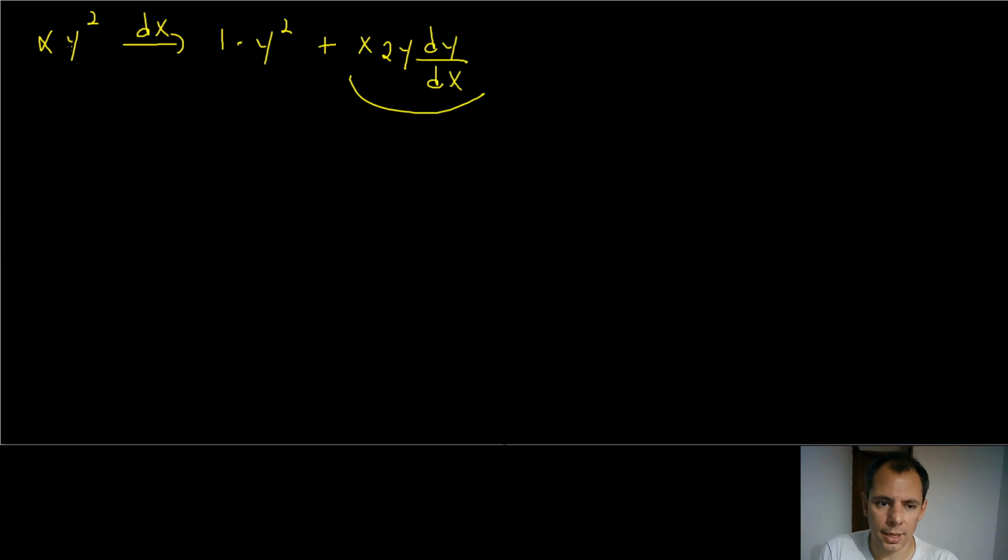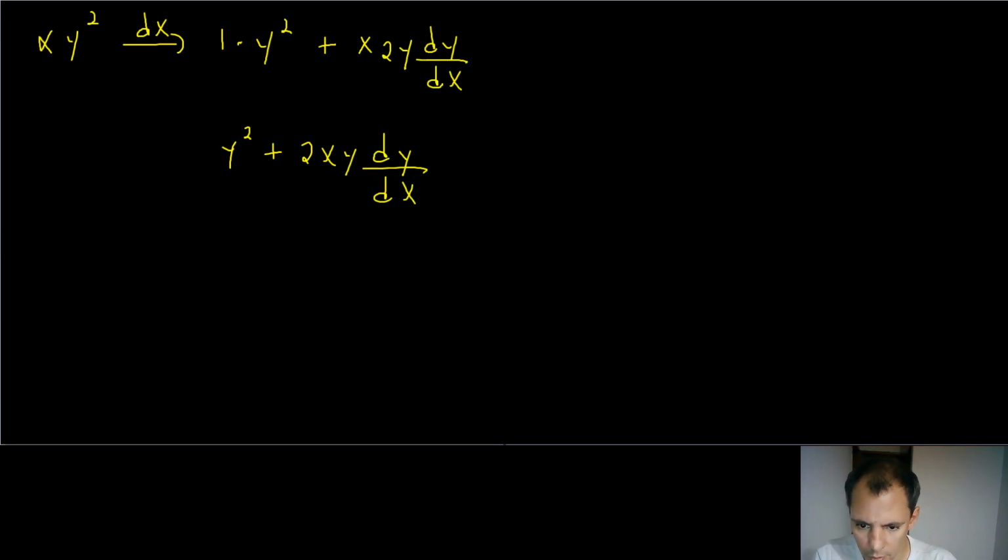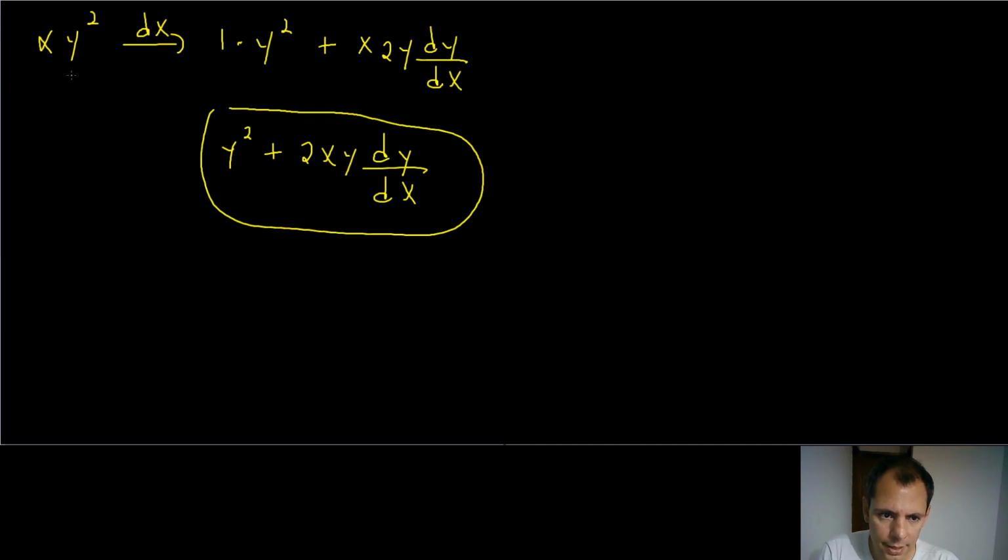I just differentiated y squared with respect to y, which is 2y, times dy/dx. So this is y squared plus 2xy dy/dx. This is this whole thing differentiated with respect to x. It's not just the y squared, it's everything.